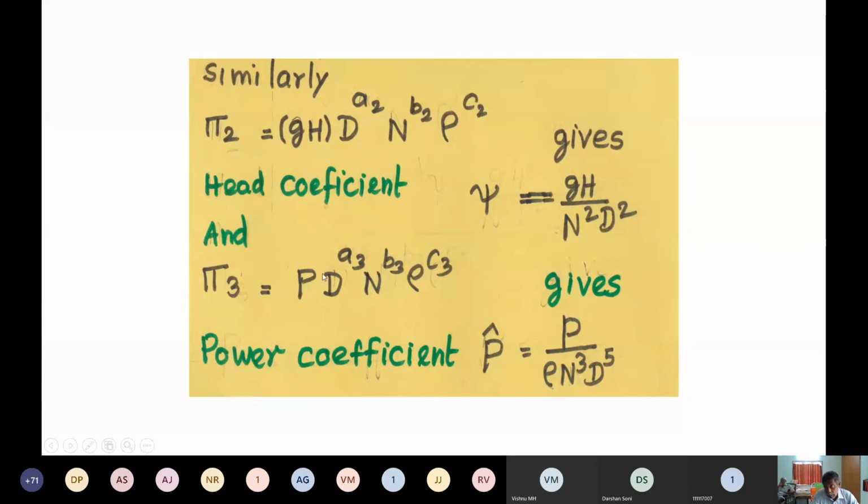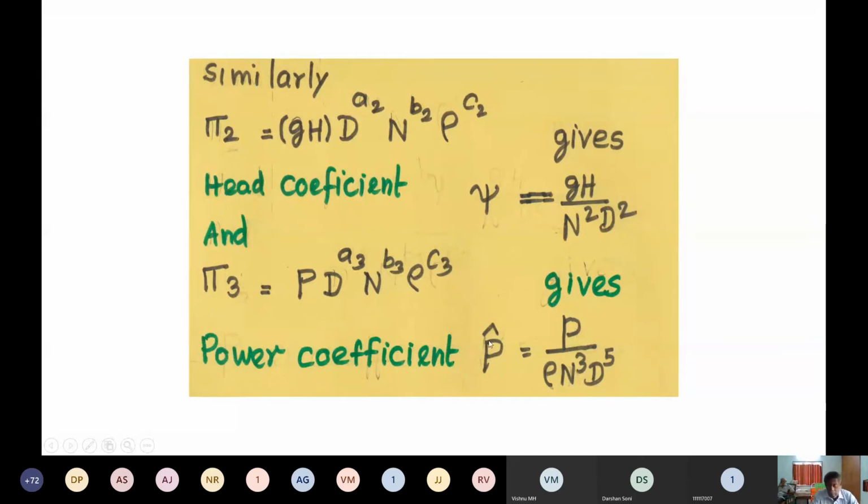Okay, the head coefficient. The last one is the pi 3 term. So here I have combined power with the other repeating terms. So P into D power A3, N power B3, rho power C3, which finally gives me a non-dimensional coefficient, the power coefficient, which is P cap equal to P divided by rho N cube D power 5.